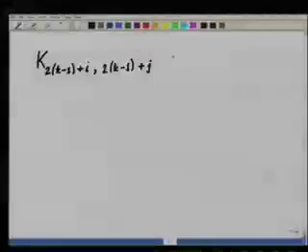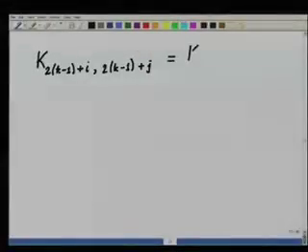And when we add these elemental integrals together, we get the global representation. So the global entry which is going to get contributions from the elements is K_{2k-1+i, 2k-1+j}.